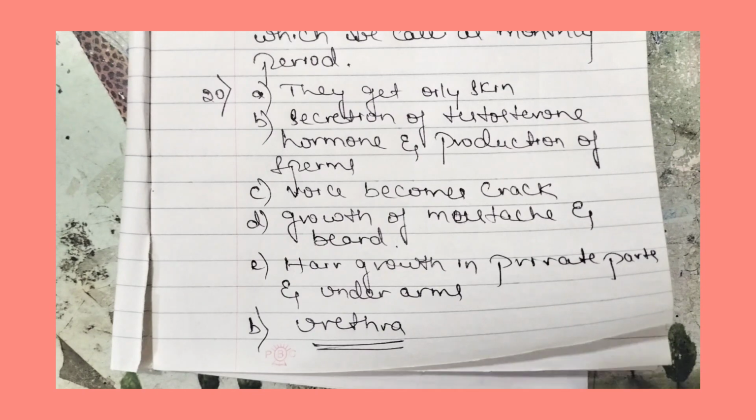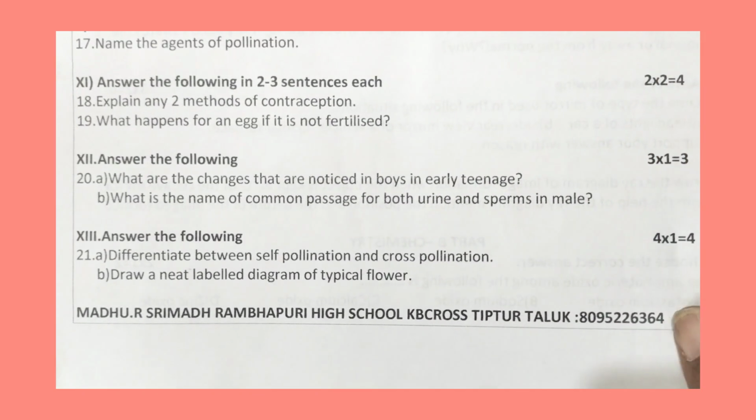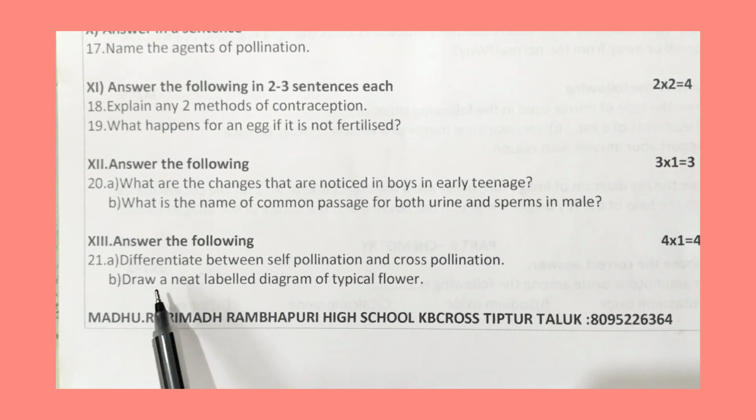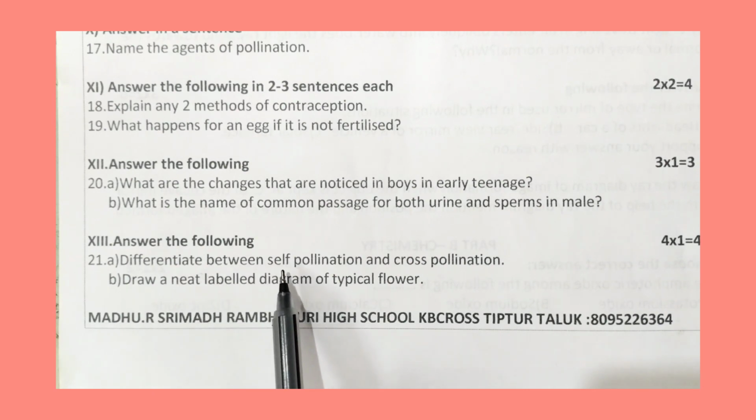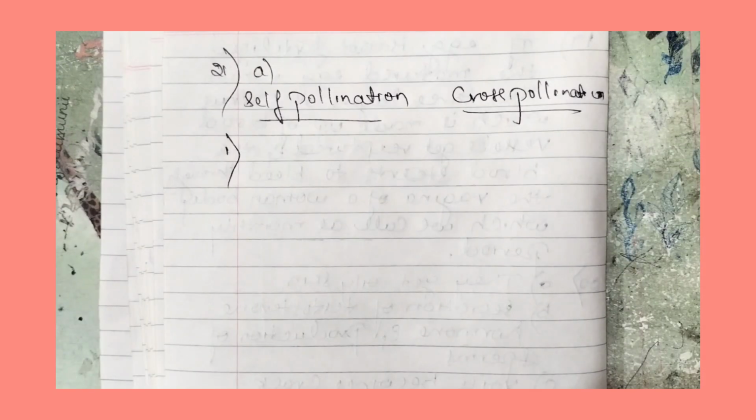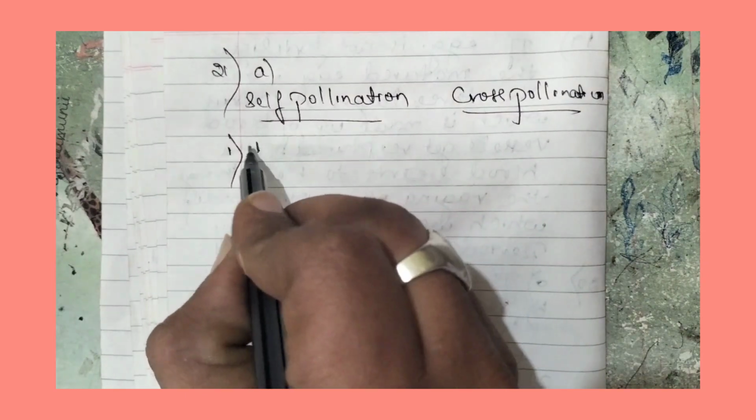Now let us move to question number 21: differentiate between self-pollination and cross-pollination. Then the last question is: draw a neat labelled diagram of a typical flower. Let us differentiate between self-pollination and cross-pollination.